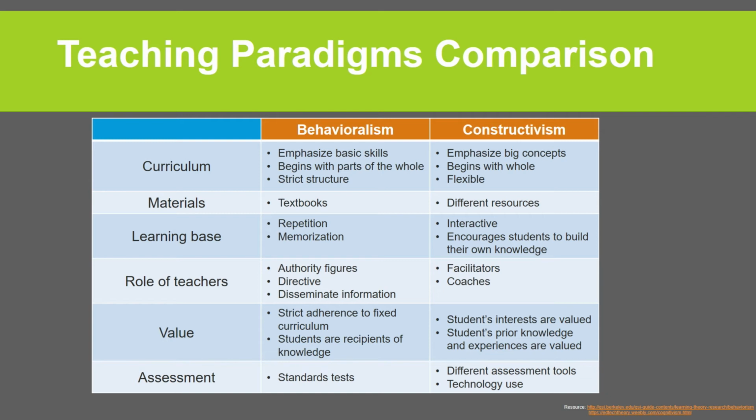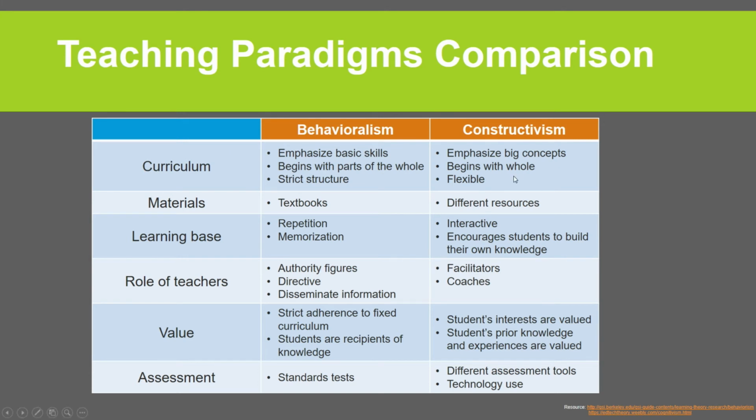For the materials being used, traditionally, textbooks have been the source of information. You also have repetition and memorization, really representing what students do for learning. And the teacher or the professor is the authority. They tend to direct what students will do, and they disseminate the information to the students.